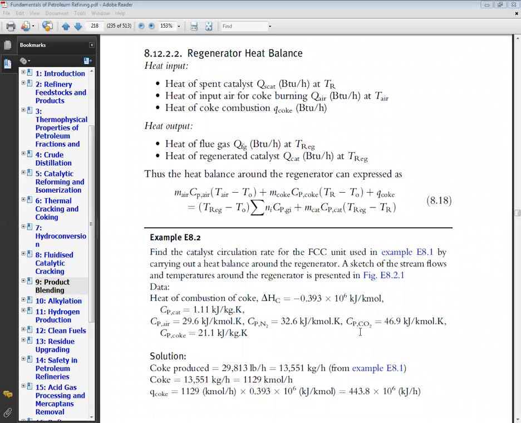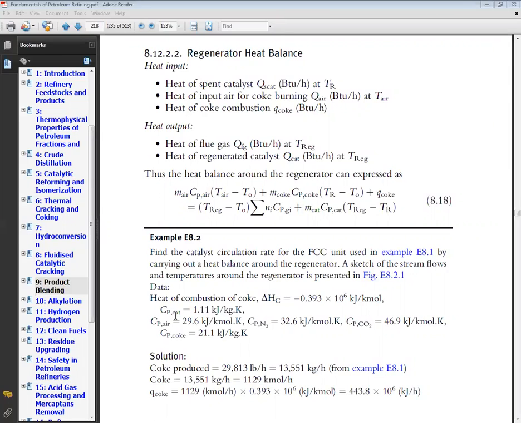Secondly, to do this calculation, some data will be given like that. Heat of combustion of Coke, delta Hc, will be given as it is. Here, see, Cp stands for heat capacity.